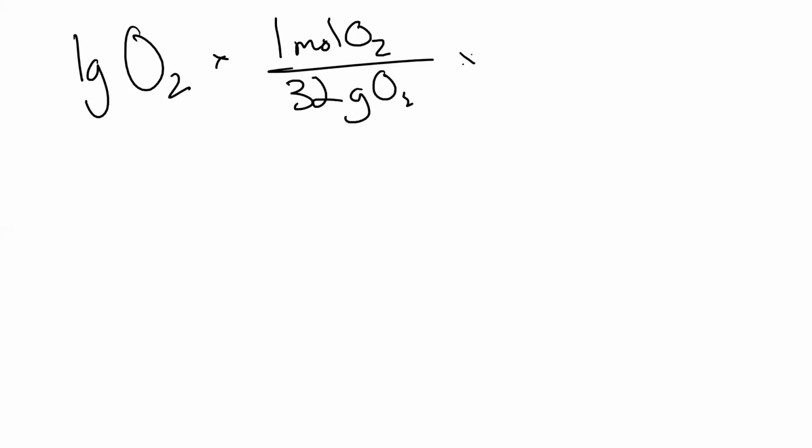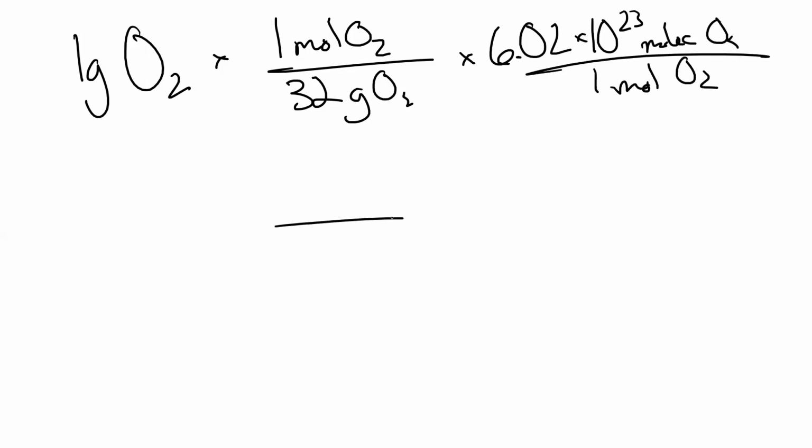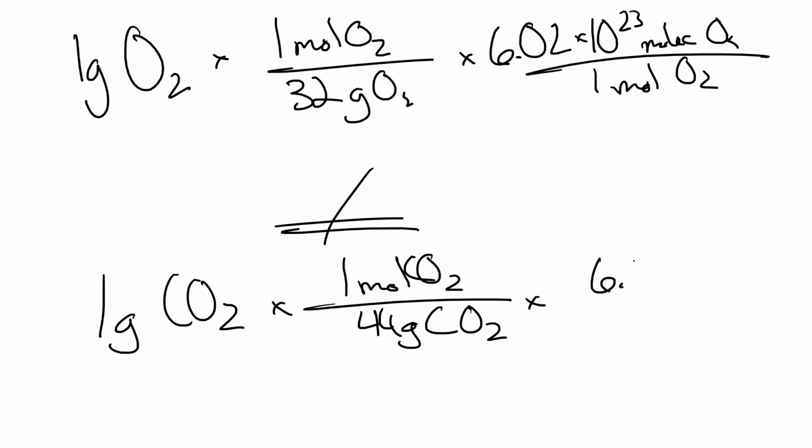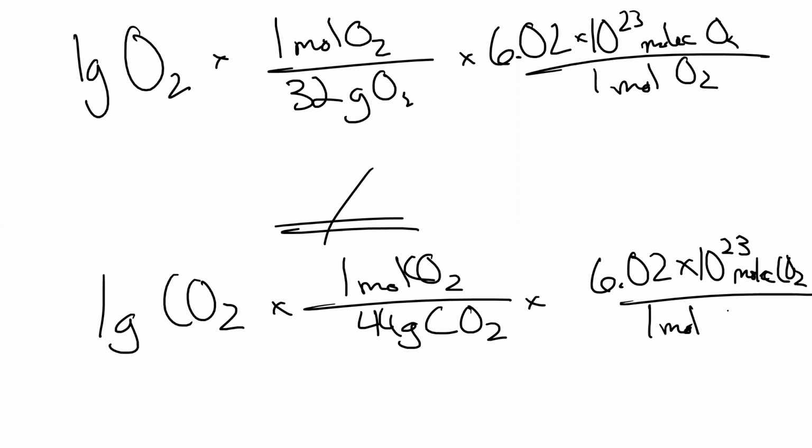Watch. 1 gram of O2 times 1 mole of O2 over 32 grams of O2 times 6.02 times 10 to the 23rd molecules of O2 over 1 mole of O2 is not equal to 1 gram of CO2, because you're going to multiply that by 1 mole of CO2 over 44 grams of CO2, and then multiply that by 6.02 times 10 to the 23rd molecules of CO2 over 1 mole of CO2.